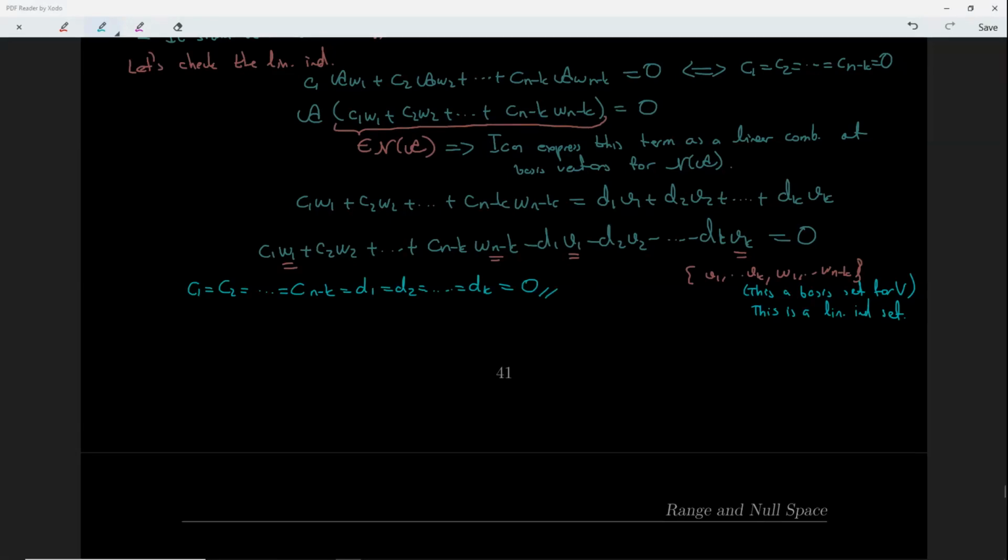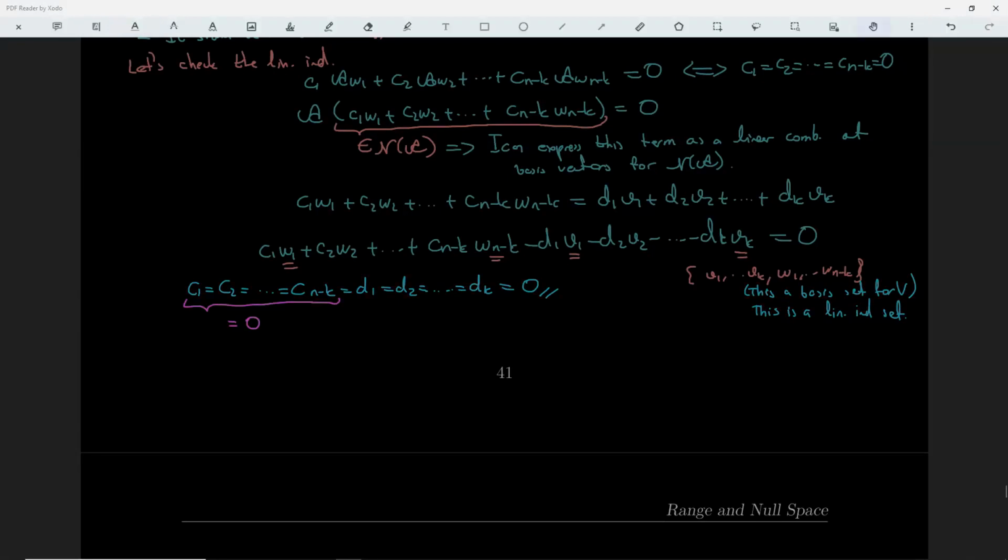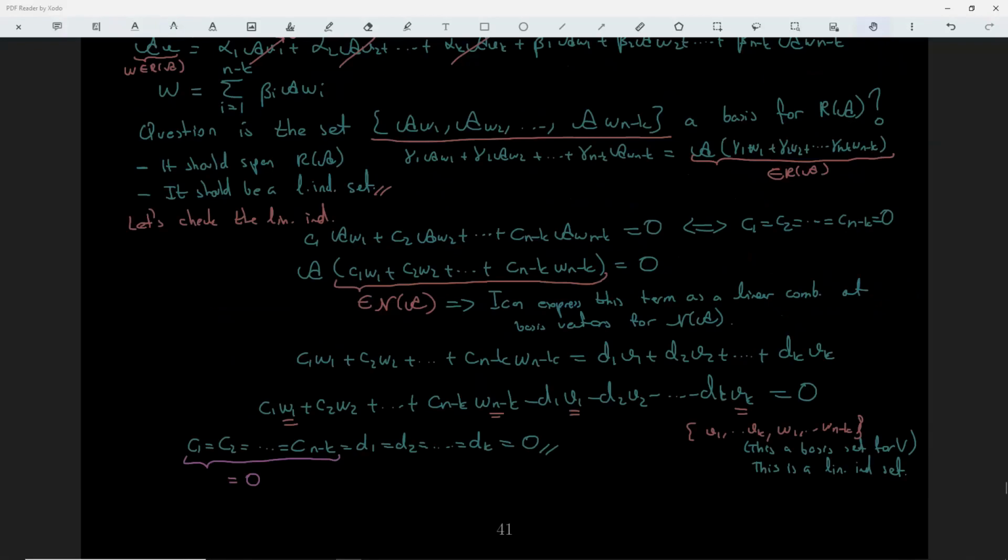And we showed that if a linear combination of these vectors over here is equal to 0, then all the c1 to cn minus k also have to be equal to 0. And by doing so, we showed that this set is also a linearly independent set.